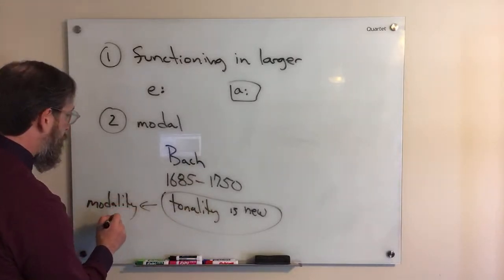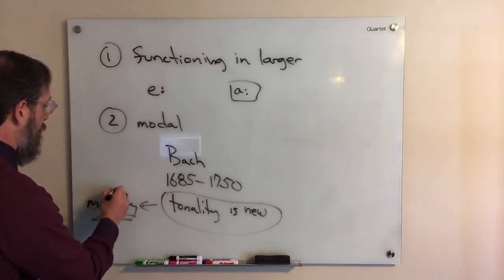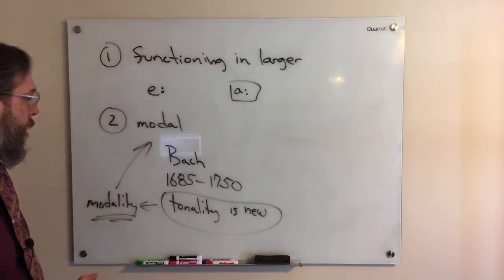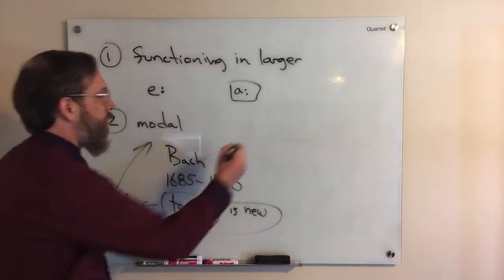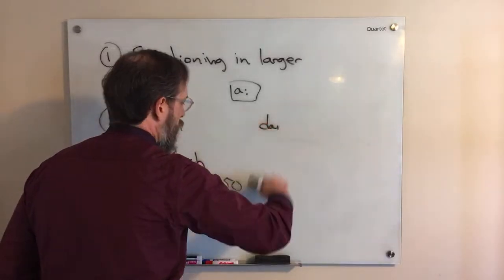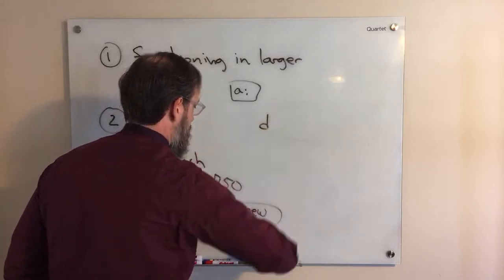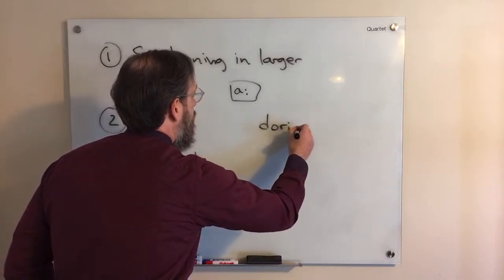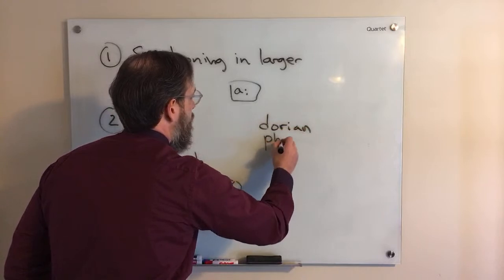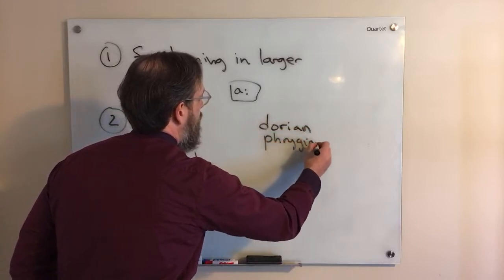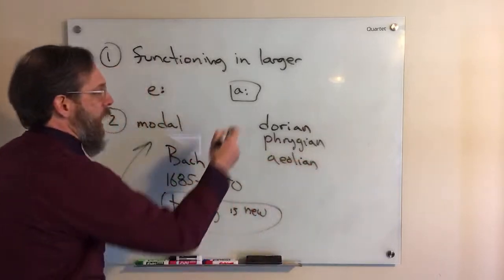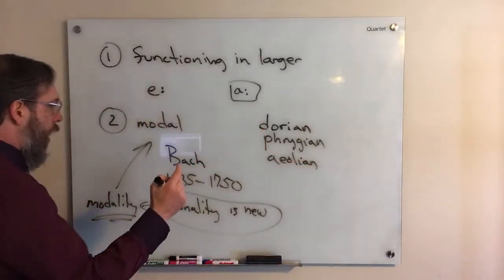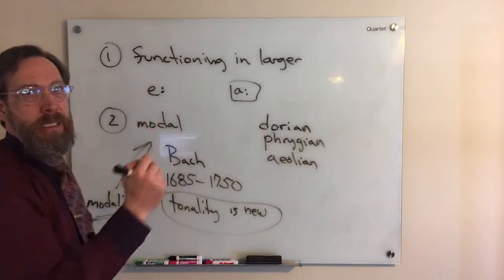Everything was more of a modality structure, and there were multiple forms of minor, right? So there would be Dorian minor, Phrygian minor, Aeolian minor. And to be honest, none of them are the minor that we use today.